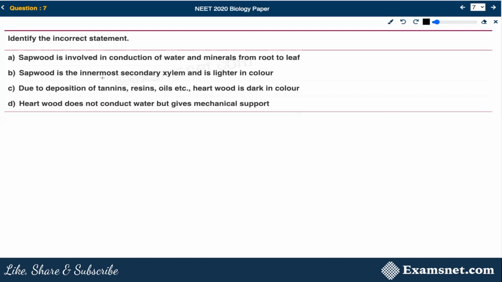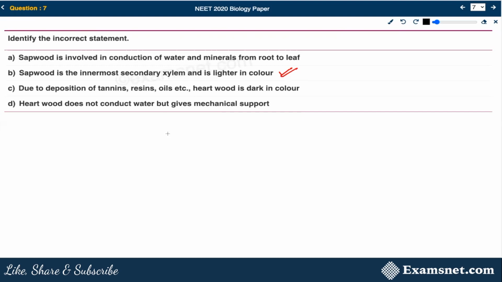The next statement says that sapwood is the innermost secondary xylem and is lighter in color. Due to deposition of tannin, resins and oils, heartwood is darker in color, and heartwood doesn't conduct water but gives mechanical support. So these are the 4 statements that you can see. Now, let me tell you the incorrect statement first. The incorrect statement here is statement B.